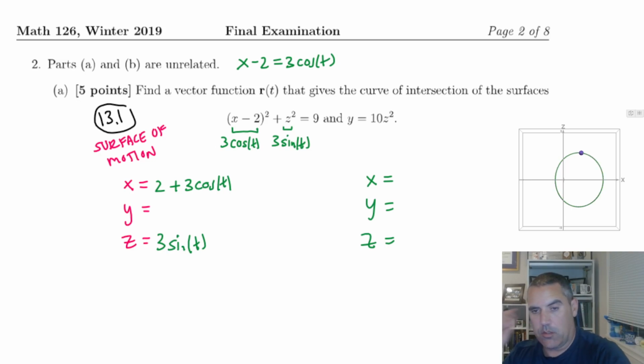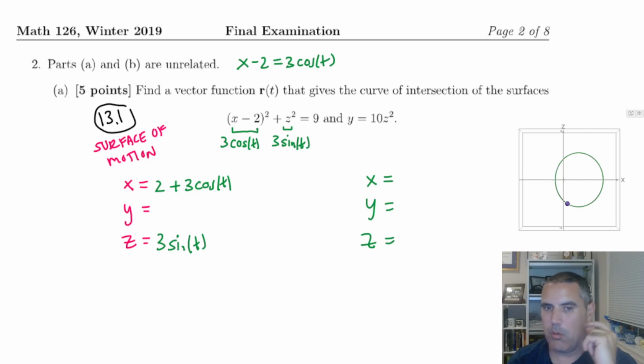This is going to go all the way around if I go from 0 to 2 pi, and then it's just going to repeat. Let me animate that so you can see it. From the side, this is just standard circular motion that goes at a constant speed and completes one lap every 2 pi.